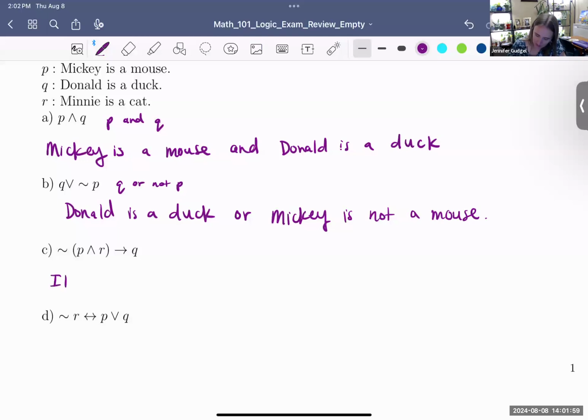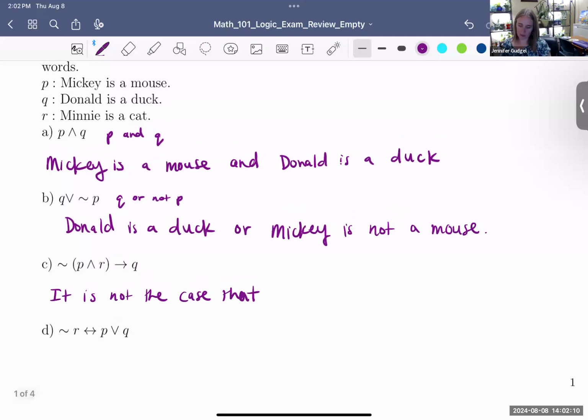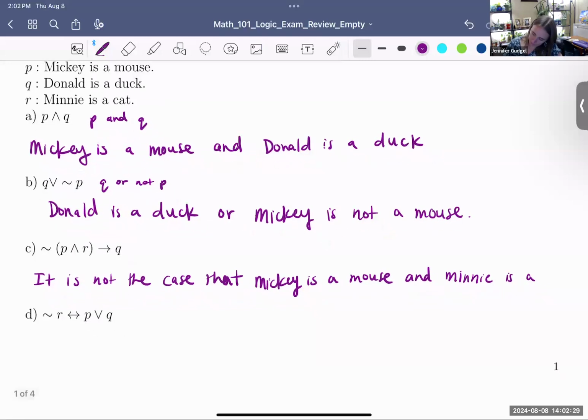It is not the case that P and R. All right, P was Mickey is a mouse and Minnie is a cat. Mickey is a mouse and Minnie is a cat.